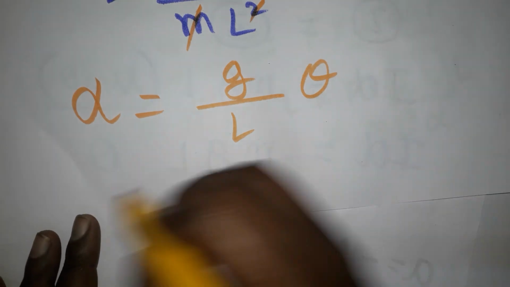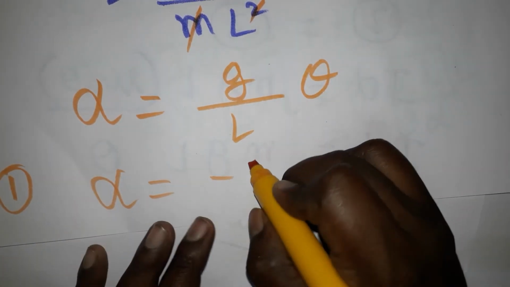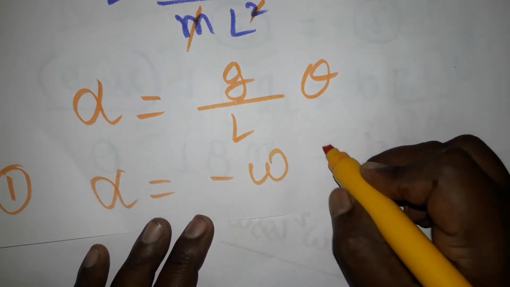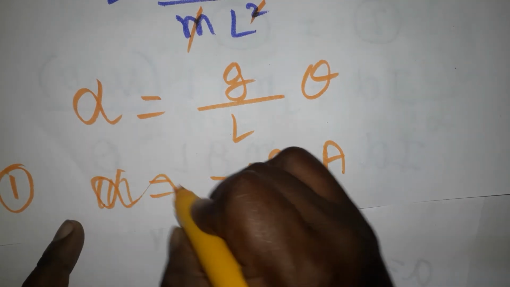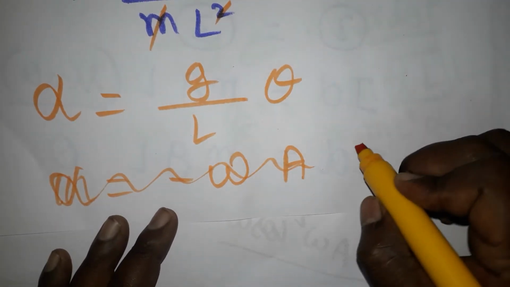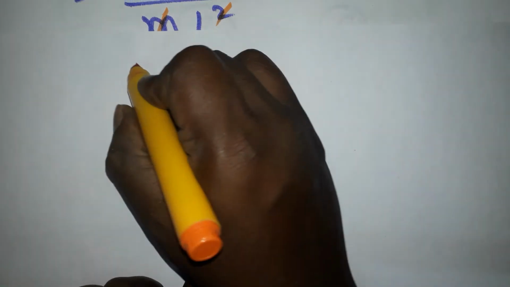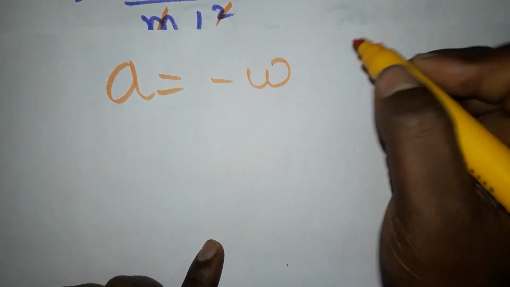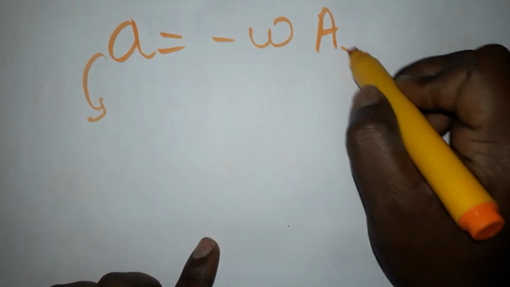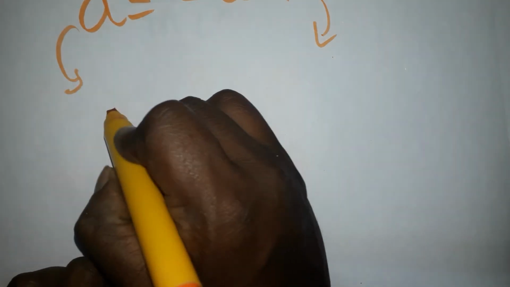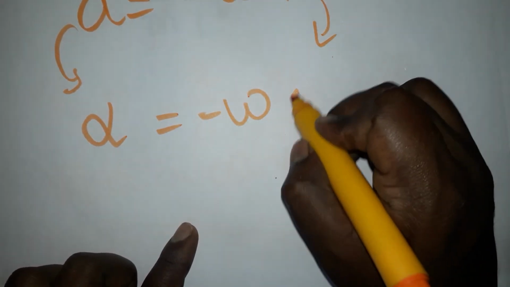In equation number 1 we got acceleration equal to minus omega square times amplitude. The same equation I am converting to rotation motion. a becomes alpha, and amplitude we take as theta.